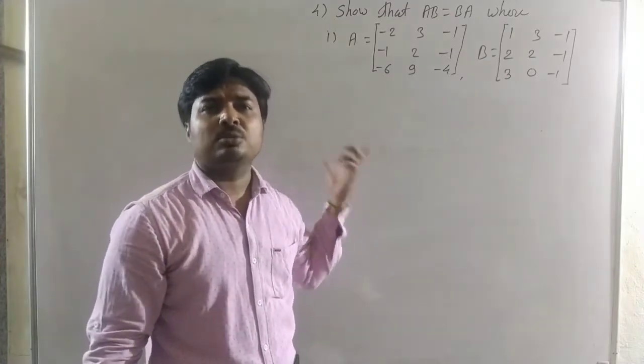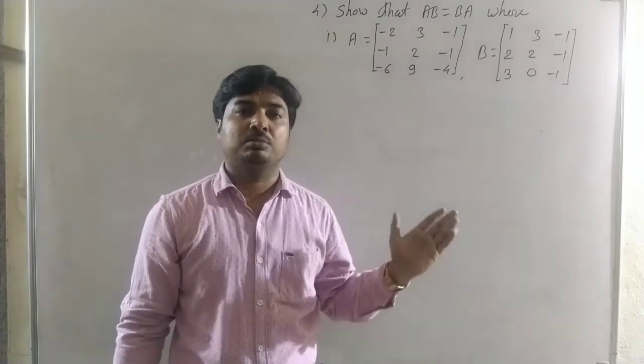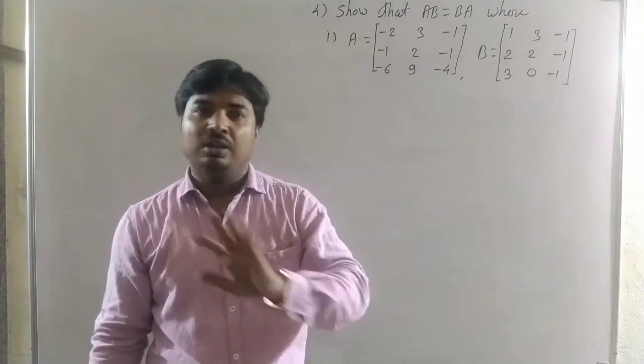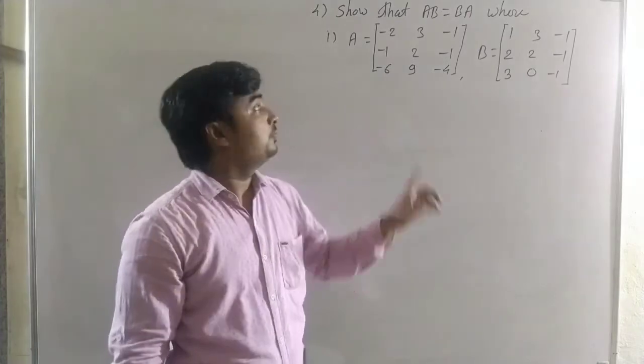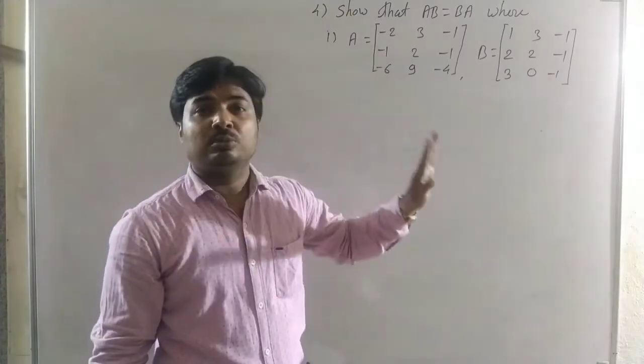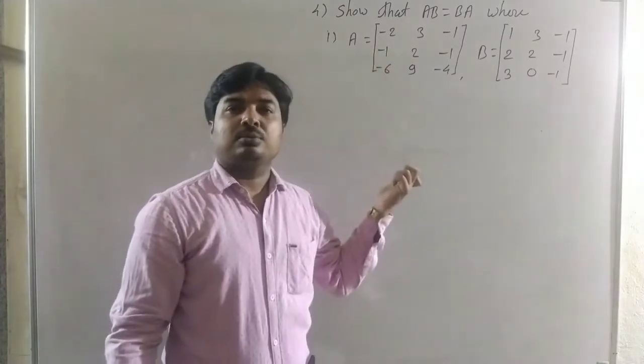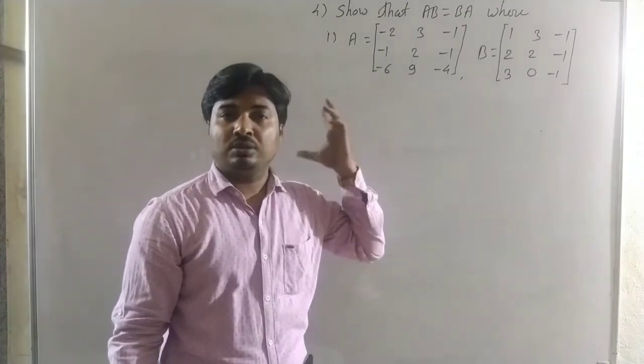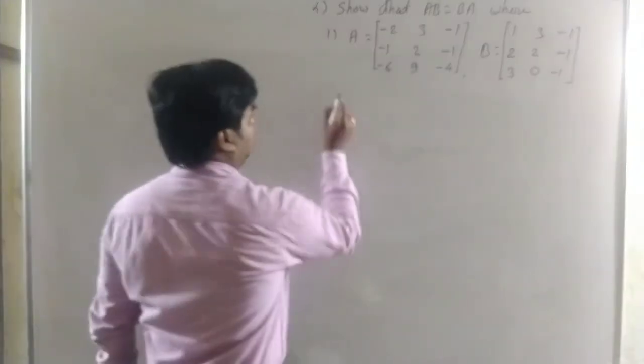Okay, there are some special cases where matrix multiplication is commutative. Matrix multiplication is not commutative, A into B is not equal to B into A, but such cases occur in the inverse of the matrix. Okay, now check this.